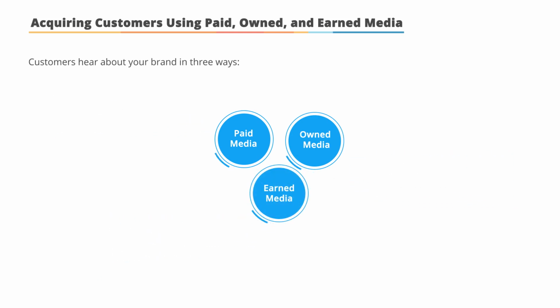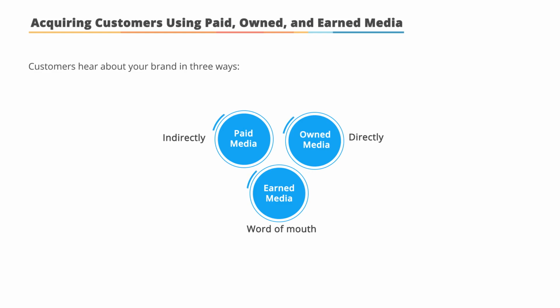Simply put, customers will hear about your brand in three ways: indirectly through paid media, directly through owned media, or through word of mouth with earned media. Understanding those subtle but important differences will impact a customer's life cycle, their decision journey.